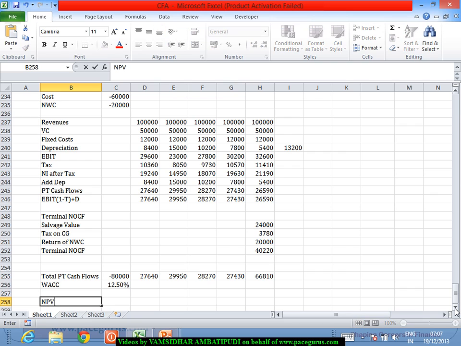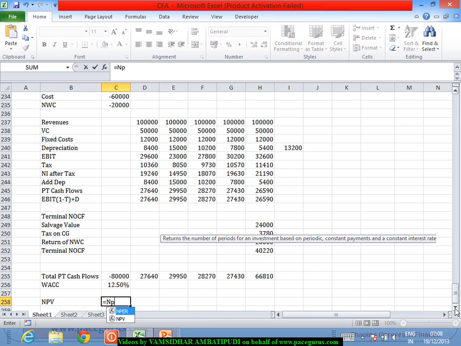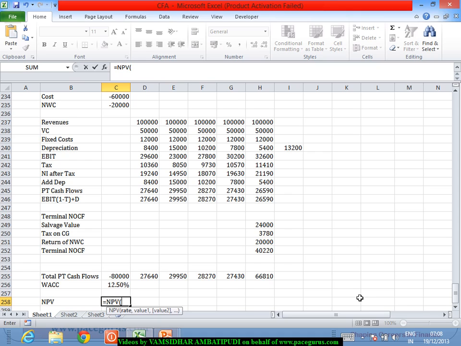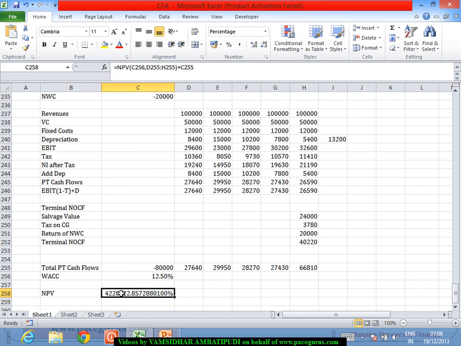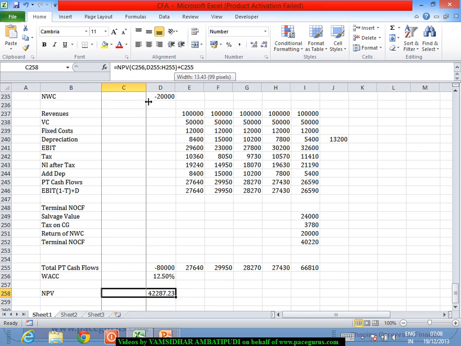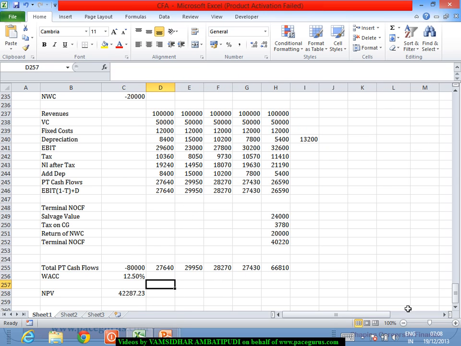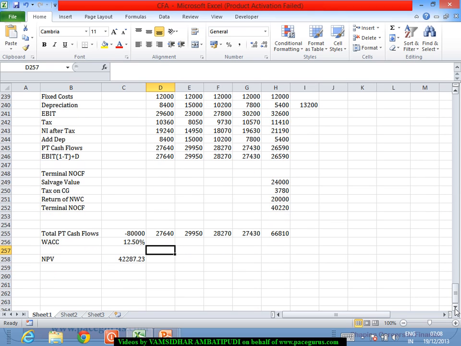Based on this, I can compute the NPV using my NPV calculators, wherein this is the rate, and these are the future cash flows, and I have to subtract the initial outlay to finally arrive at the NPV in this particular project of around 42,287, which means there is a positive NPV in this project, which means it can very comfortably be taken up.